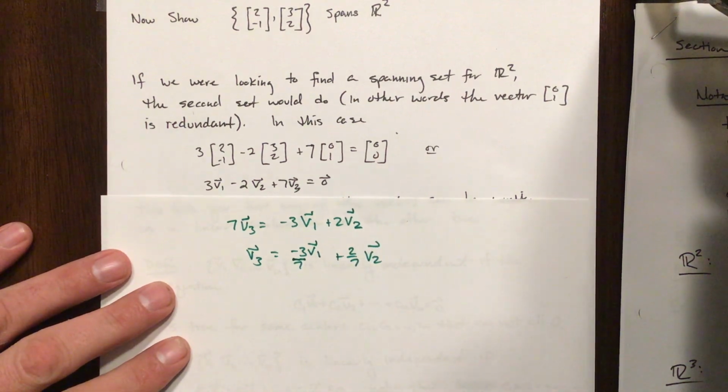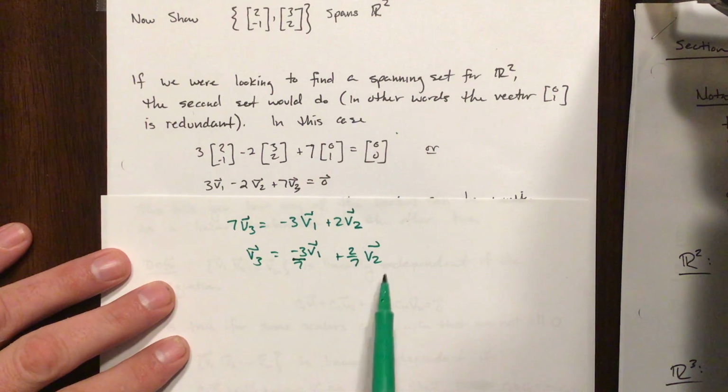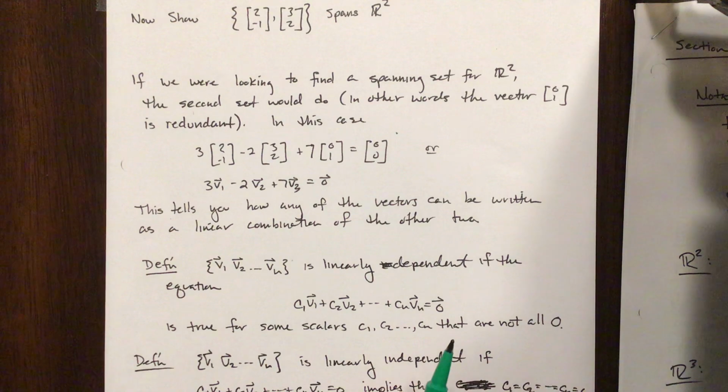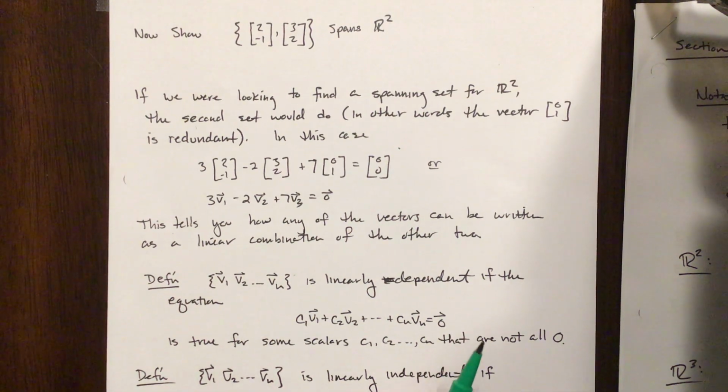There you go. So you can see right here that v3 is a linear combination of v1 and v2, and thus is not needed in the set when looking at a set of vectors that spans R2.